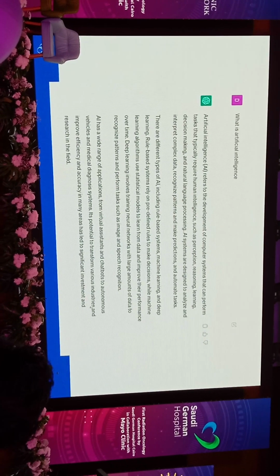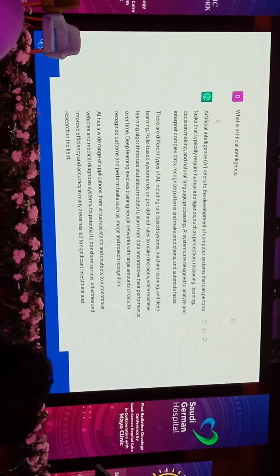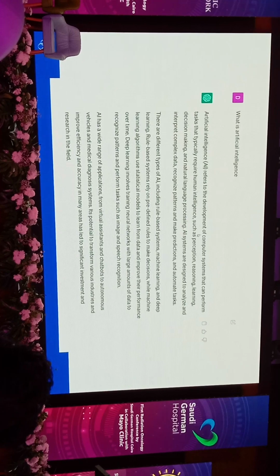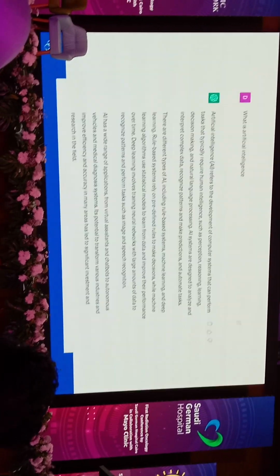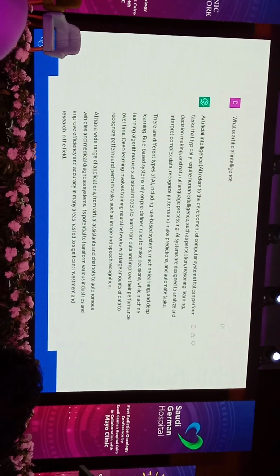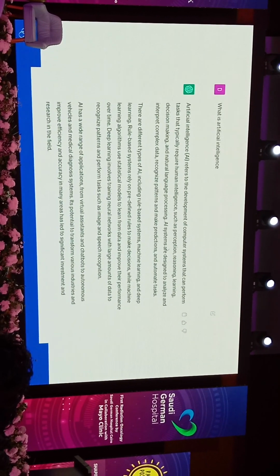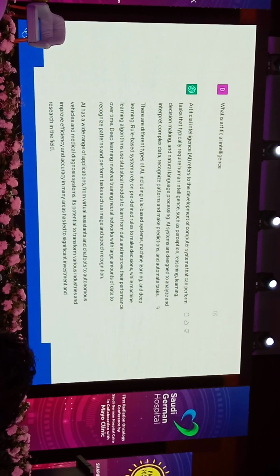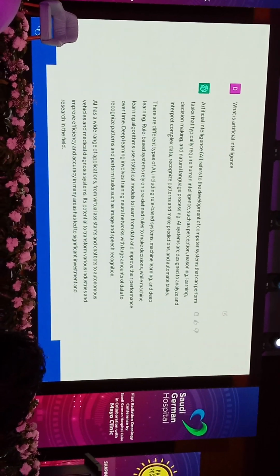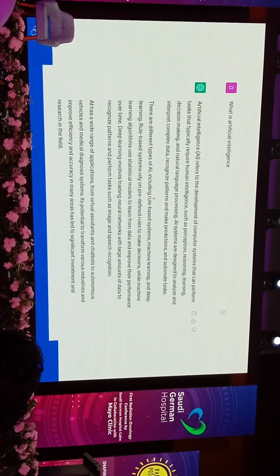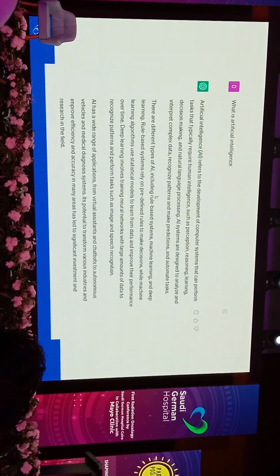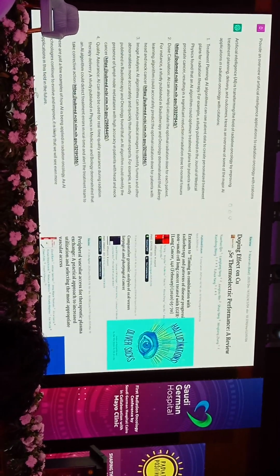I asked ChatGPT what is artificial intelligence, and it said AI refers to the development of computer systems that can perform tasks which typically require human intelligence: perception, reasoning, learning, decision-making, natural language processing. AI systems are designed to analyze and interpret complex data, and so segmentation is a good task for a machine.